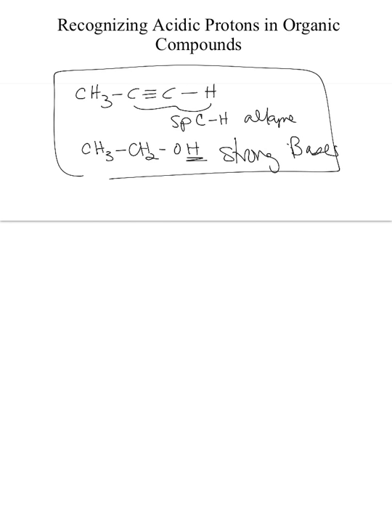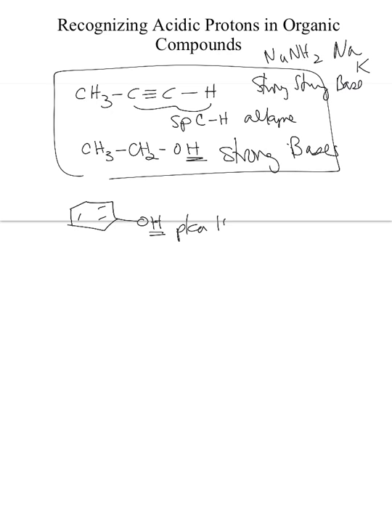Your strong bases need to be like sodium amide and sodium metal, potassium metal. Now the other ones we're introducing in this chapter are your phenols. Those have a pKa of about 10. So you just need a base. You don't even need a strong base. Potassium hydroxide will do this.